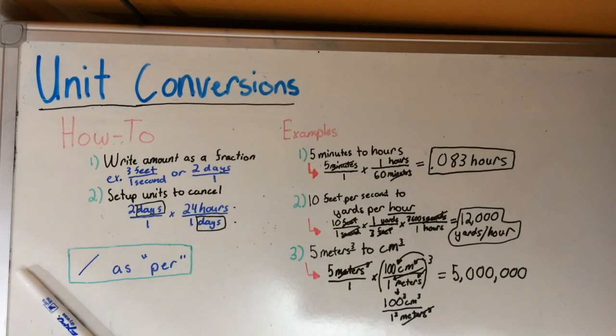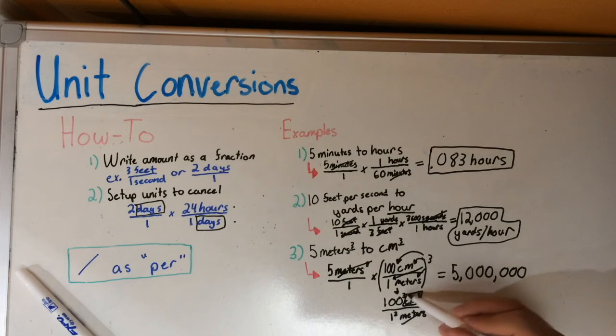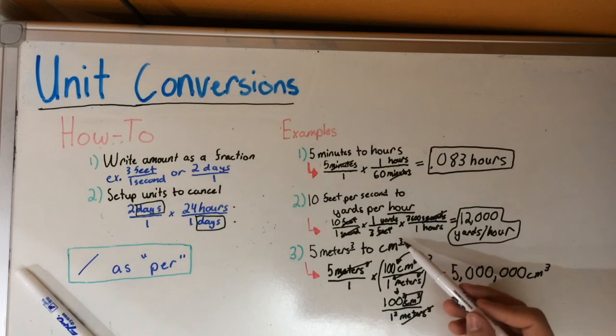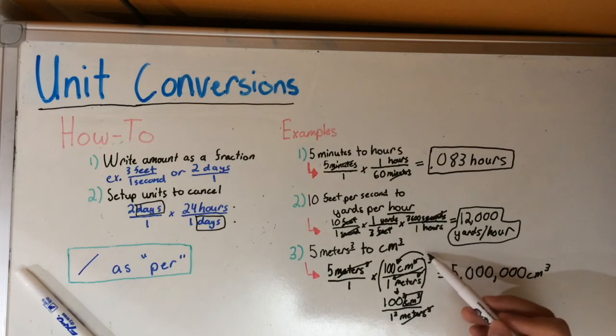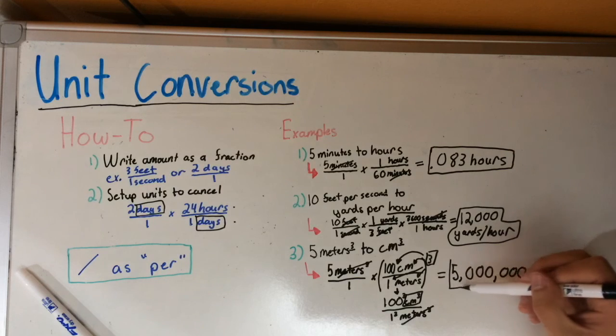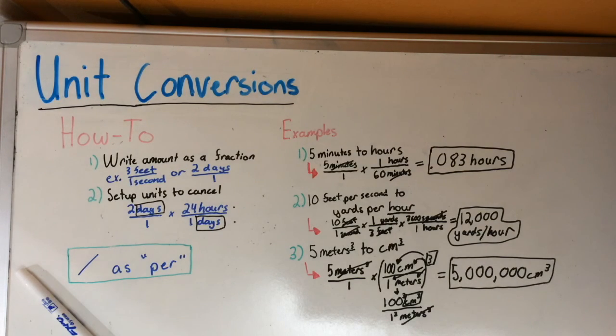So we have 5 million, and then the units we have left are centimeters cubed. Again, when you're dealing with different powers, it's very important that you distribute your power to your unit conversion. So the final answer is 5 million centimeters cubed is equal to 5 meters cubed.